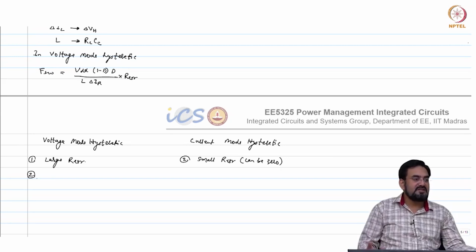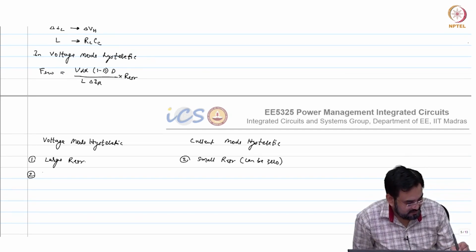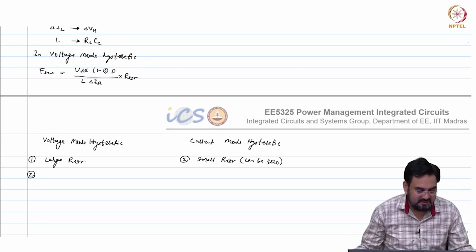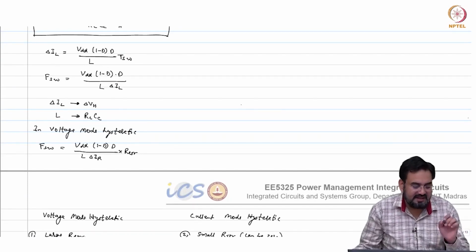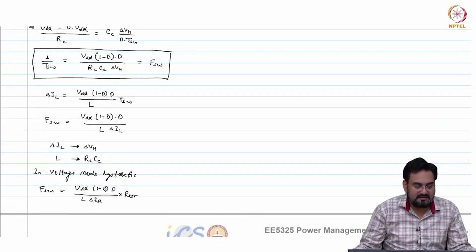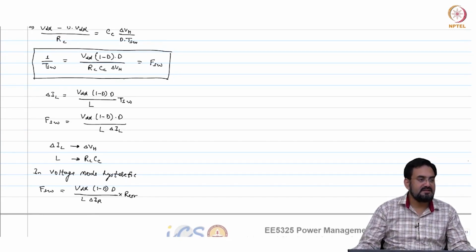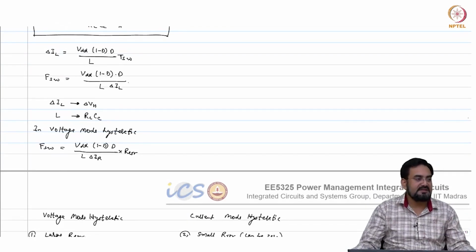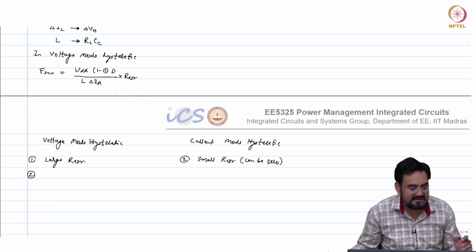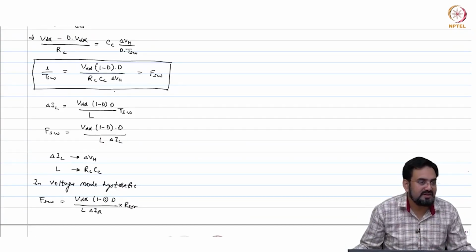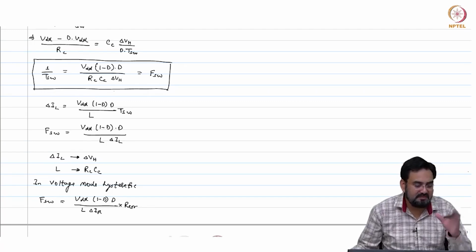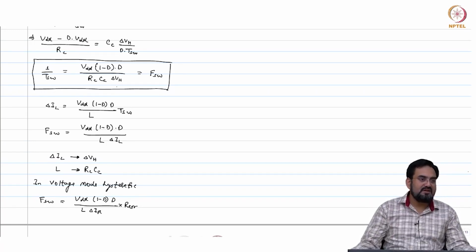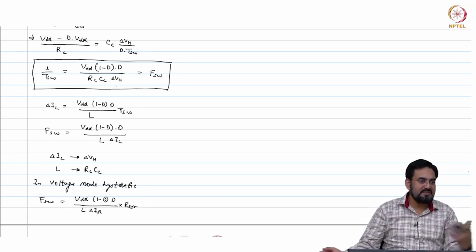Frequency was depending on almost everything: L, RESR, V in, V out. So, what is common here? VDD, D and delta VH, these three terms are common. But here L and RESR are the extra terms which may vary. So, frequency is depending on L and RESR. Here L is not coming, so it will only depend on RCCC, and RCCC is on chip. The tolerances on on-chip resistors and capacitors are less compared to off chip.